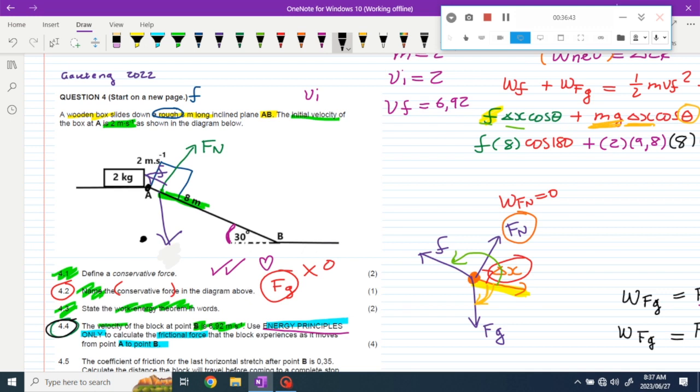So what Fg is doing is essentially taking this object and its work is in moving it downwards. So what we can do is we can start off by calculating this height. Over here we have a right angle triangle, so I can complete it like that. We have 30 degrees there and we know that this is 8.